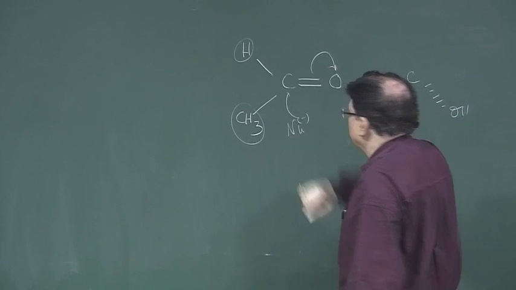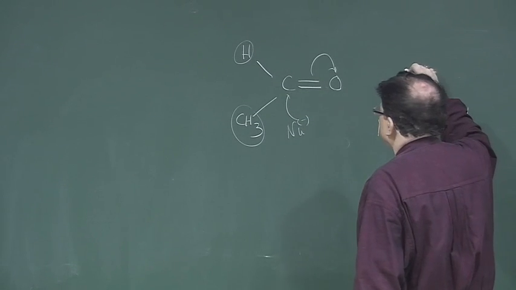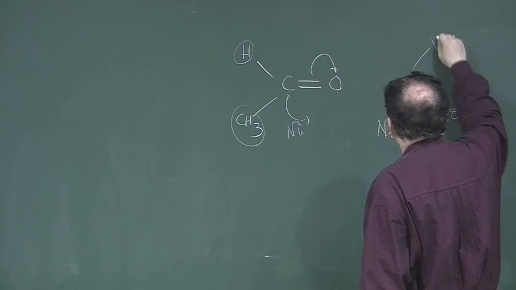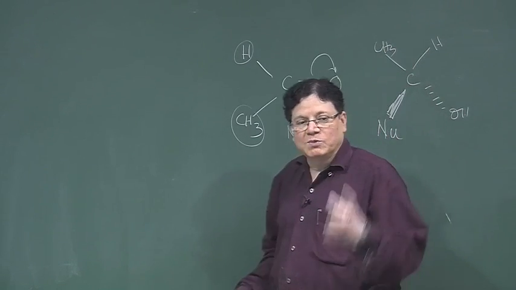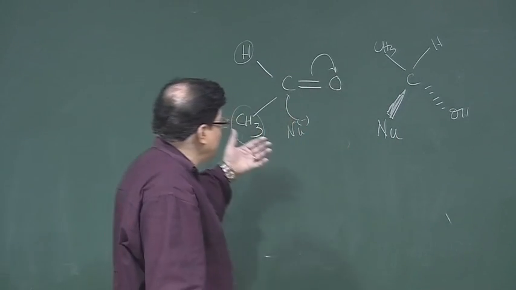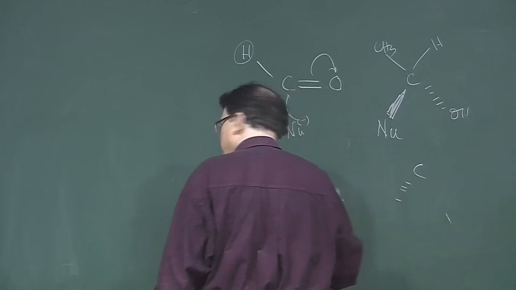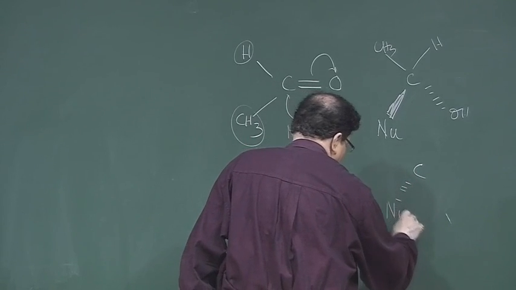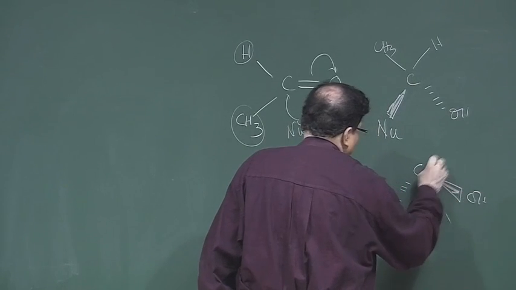The double bond breaks and the nucleophile becomes a wedge, and these two remain the same, the hydrogen and the methyl. So, this is one compound that you will get if it comes from the top face. If it comes from the bottom face, you get exactly the opposite compound, the enantiomer of this.